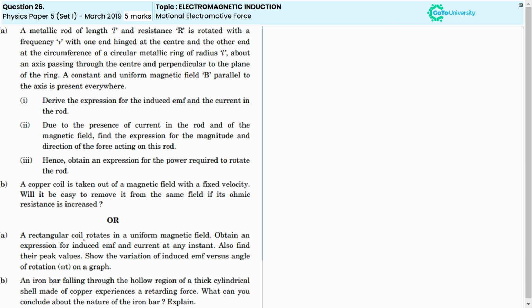A rectangular coil rotates in a uniform magnetic field. Obtain an expression for induced EMF and current at an instant. Also find their peak values. Show the variations of induced EMF versus angle of rotation omega t on a graph. Phi is equal to N B vector dot A vector.